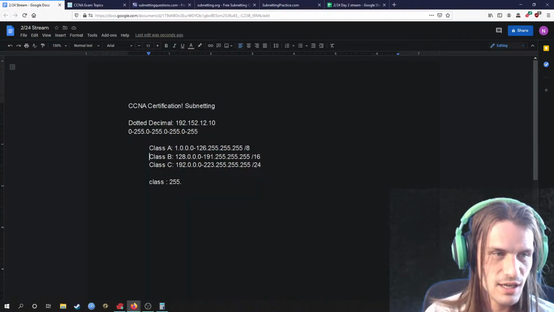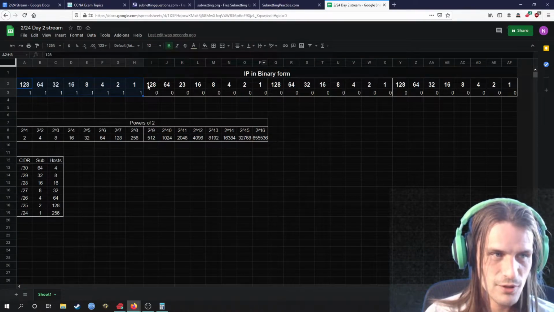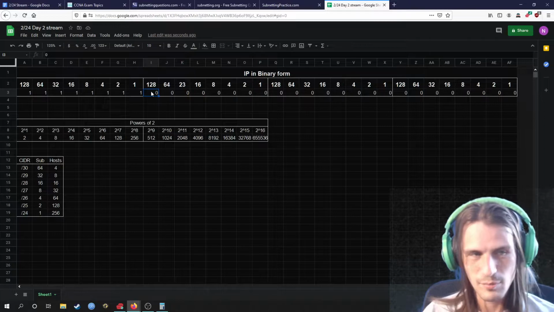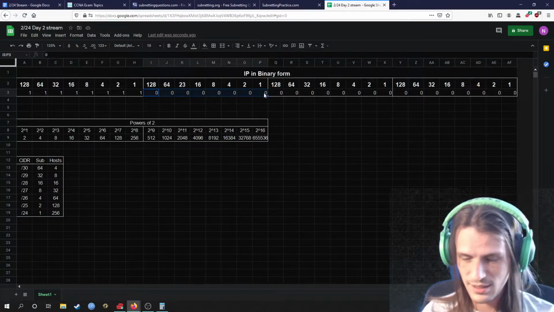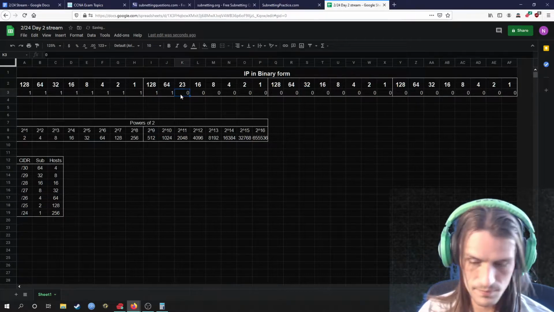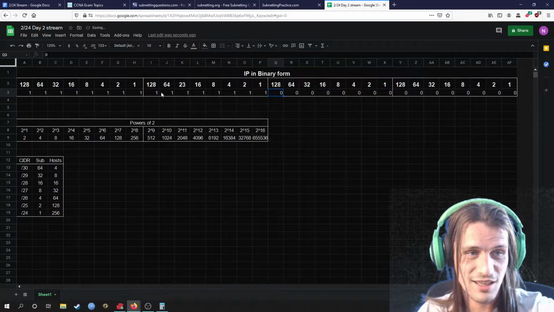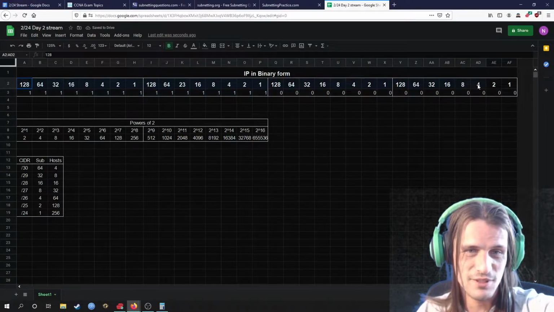We look again, class B is a /16. So the first 16 are in the on position. These are all going to be 1s. This is a class B default subnet mask.